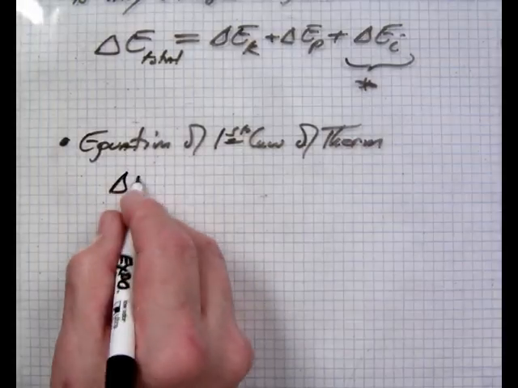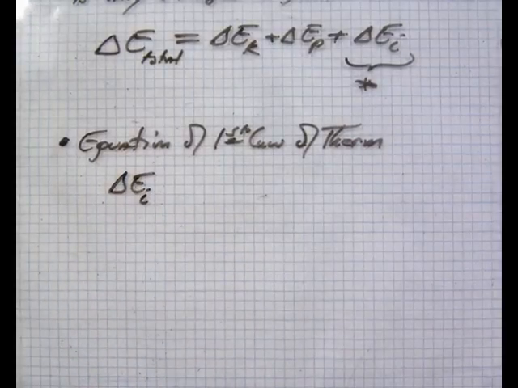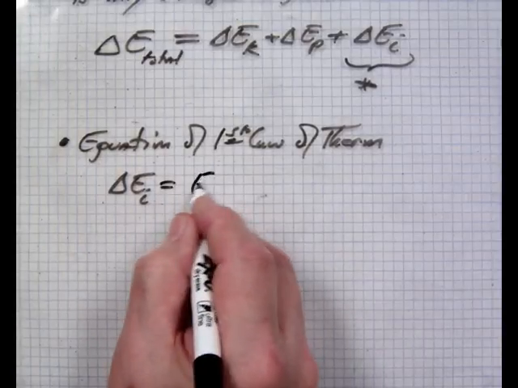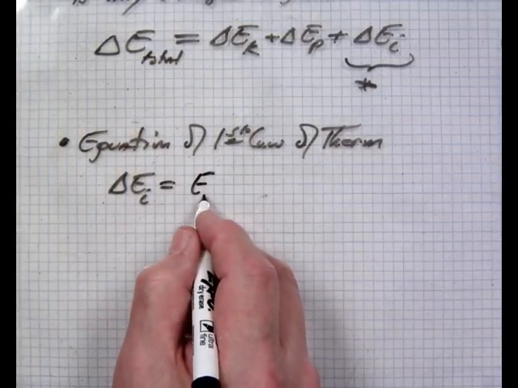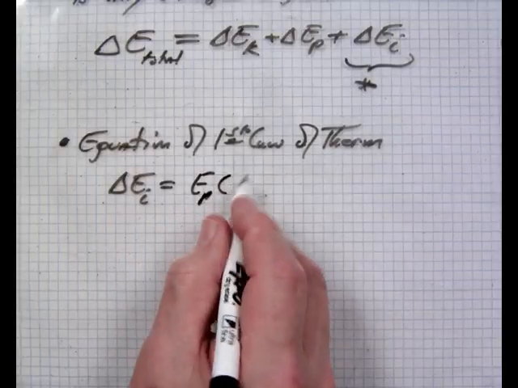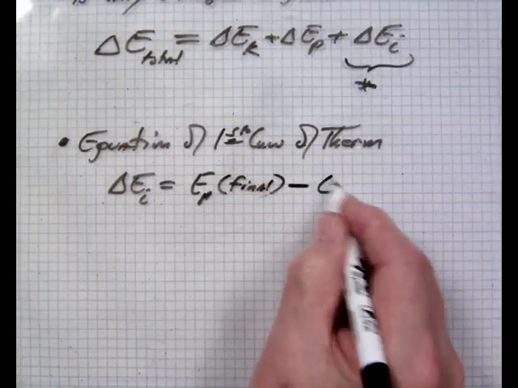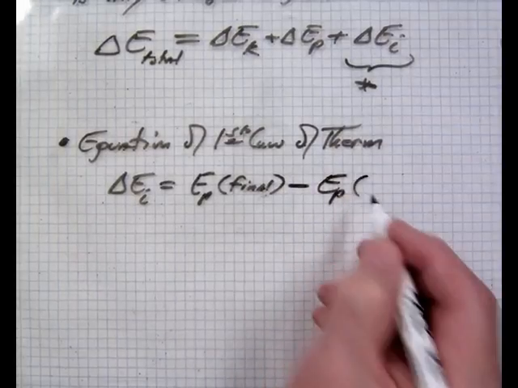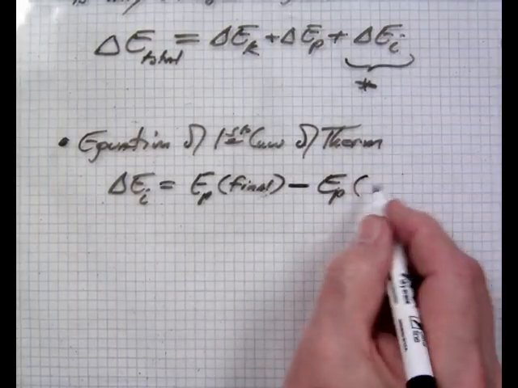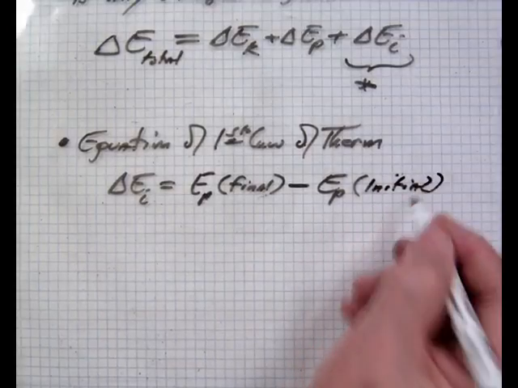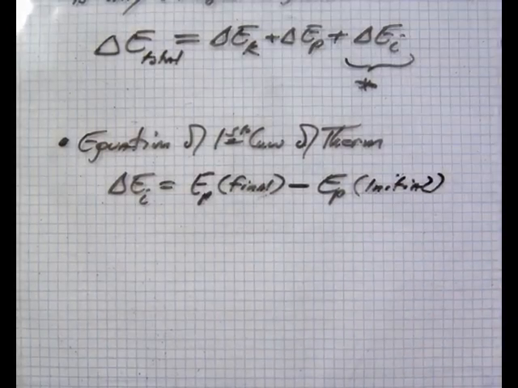And that equation, of course, I'll put the I in there, for internal energy, is the internal positional energy, final minus initial, on the energy scale, vertical, that we showed you earlier.